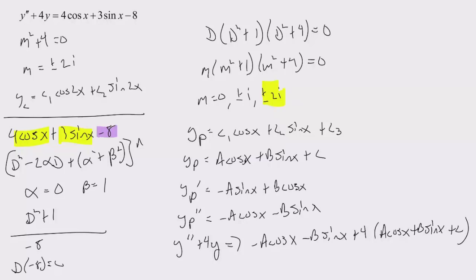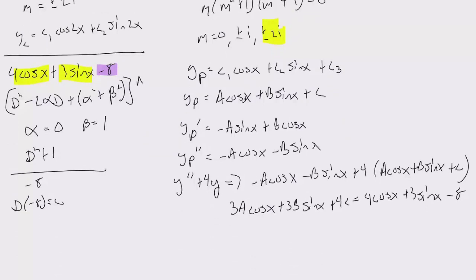All right, so let's do some gathering here. So that would say 4a minus a is 3a cosine x plus 3b sine x plus 4c, and that has to equal the 4 cosine x plus 3 sine x minus 8.